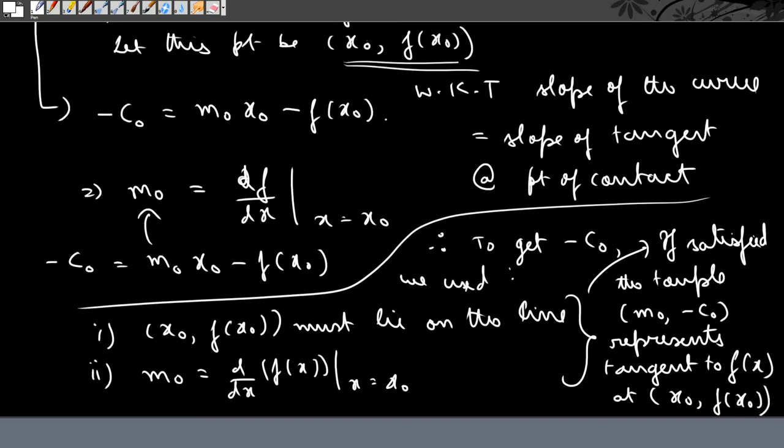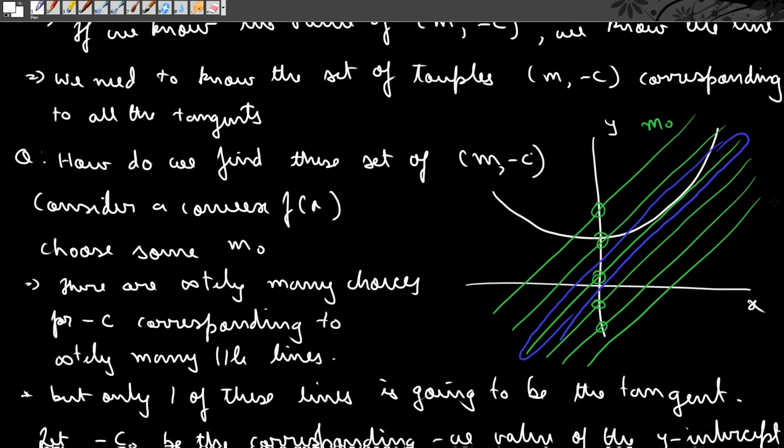So what have we done here? We have first chosen a particular m naught, and then by varying the value of the intercept, at one point this line is going to touch or be a tangent to the curve.